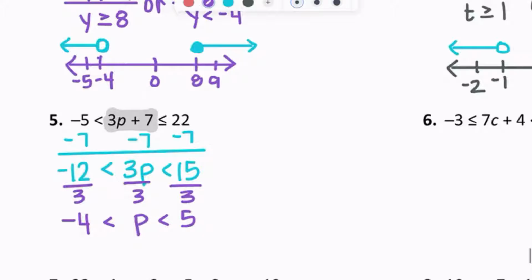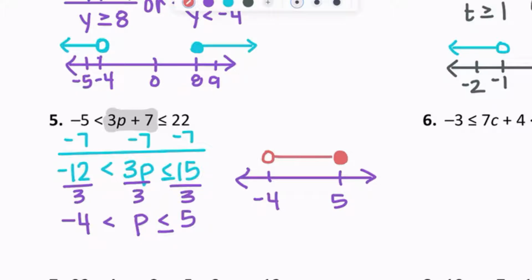And so when I graph this on my number line, I know that the solution to my inequality is between, that should be an equal to, and so should that, is between -4 and +5. It's also equal to the 5.